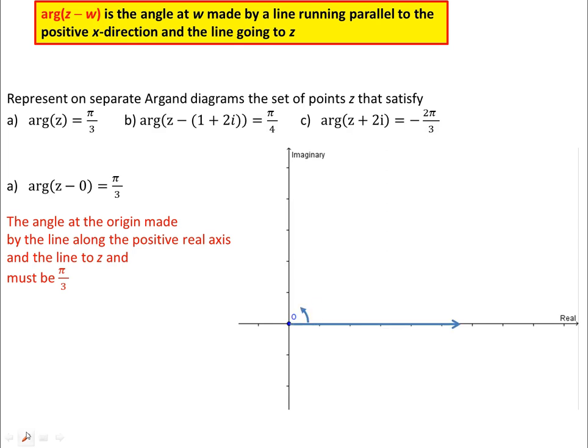So there's the line along the positive real axis, there's my angle of pi by 3, so z must lie somewhere along that half line. We call a half line a ray. So the locus of z is the ray shown on the diagram.